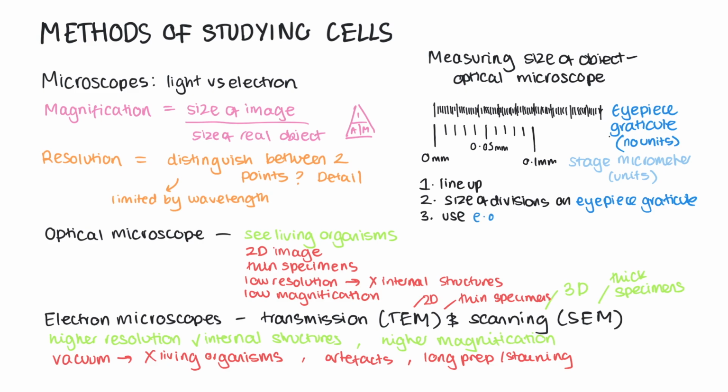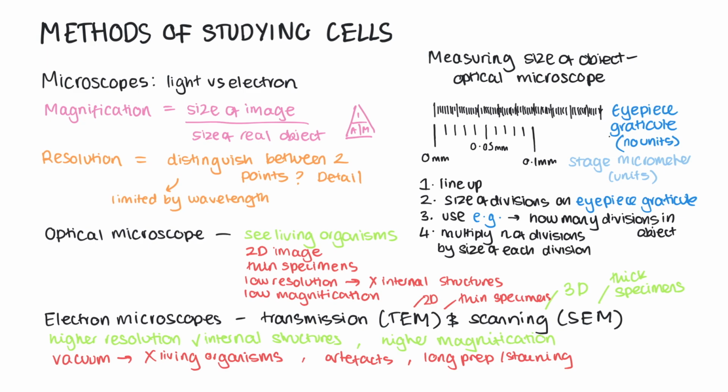Although there are no units on the graticule, we would have written down the size of each of the divisions on the eyepiece graticule. So now to work out the size of the object, we just multiply the number of divisions that it's made up of on the eyepiece graticule by the size of each division at that particular magnification. Now, it's worth pointing out that we would need to recalibrate this at different magnifications.